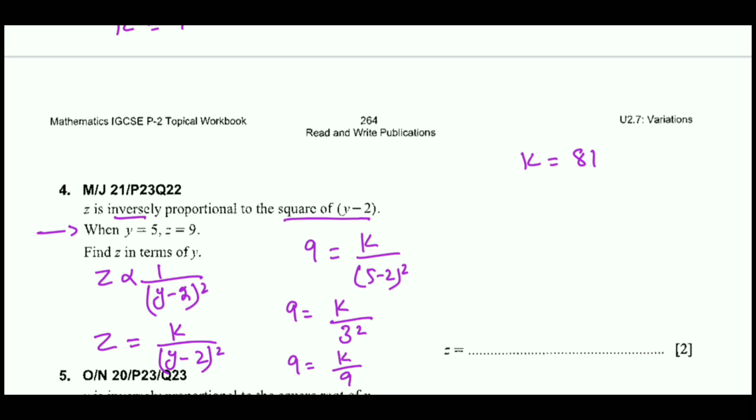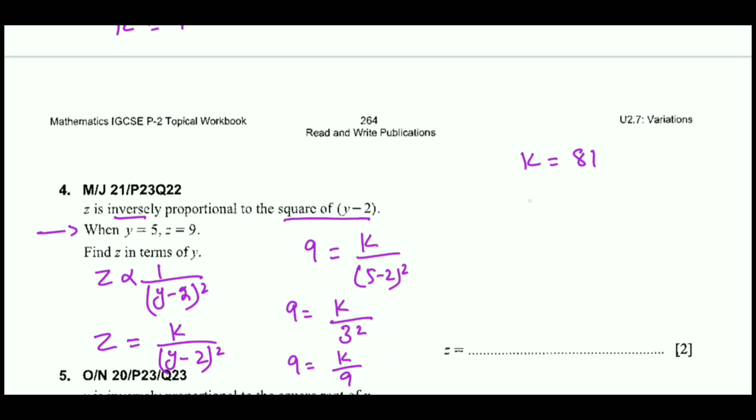Now what the question is asking is, find z in terms of y. What does it mean? It means that we just have to find the formula, the equation. We don't have to find any value, we just have to make the equation in the form of z and y. So put just k in the final equation.